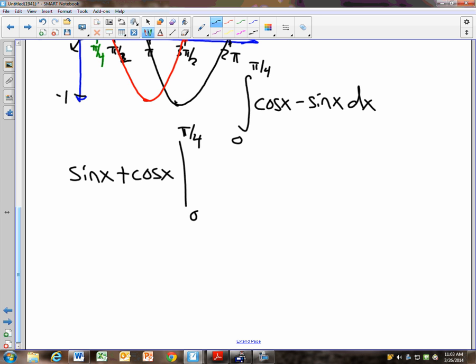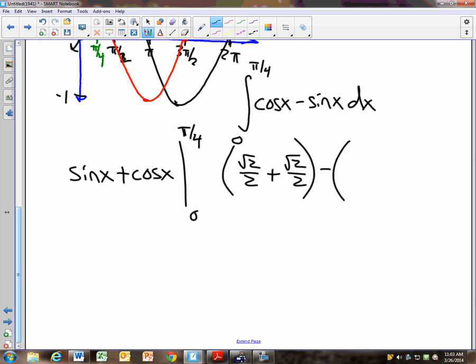All right, I already told you what sine of pi over 4 is. Remember? No. Sine of pi over 2 is 1. Sine of pi over 4 is root of 2 over 2, plus cosine of pi over 4 is the same thing, root of 2 over 2. Minus, let's plug in 0. What's the sine of 0? 1.